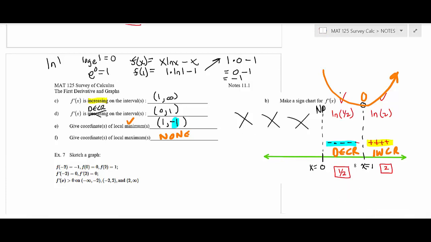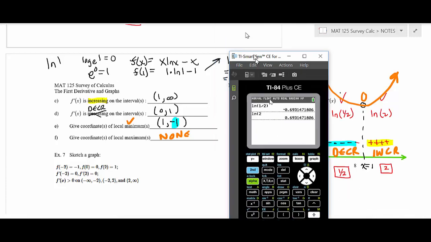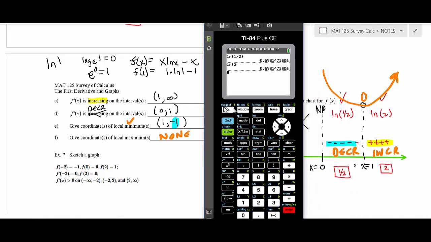Let's go ahead and put this actually in the graphing calculator because I think it'll help you possibly understand a few parts of this graph. So let's graph the function, which was x ln x, and then minus 1. And let's just do that in a standard window to start with. Okay, zoom 6. So here's kind of what you get on this. If I trace at 1, that's going to show you where that minimum is.